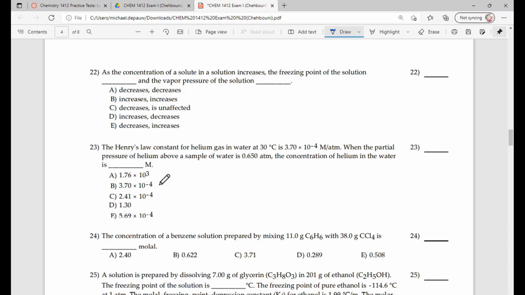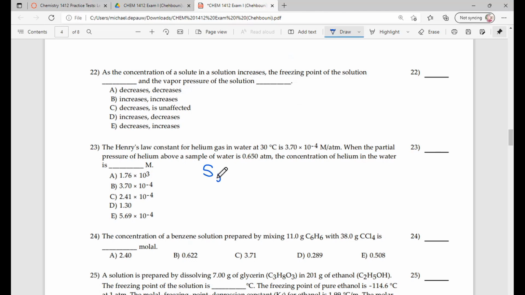Okay. So once again, Henry's law constant for helium gas in water at 30 degrees is 3.70 times 10 to the negative 4th molarity per atm. When the partial pressure of helium above a sample of water is 0.650 atm, the concentration of helium in the water is what? So once again, this is solubility.